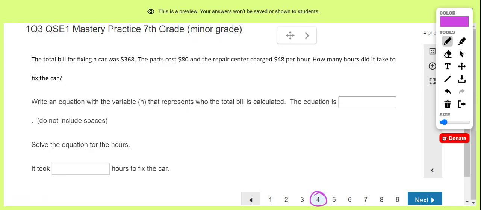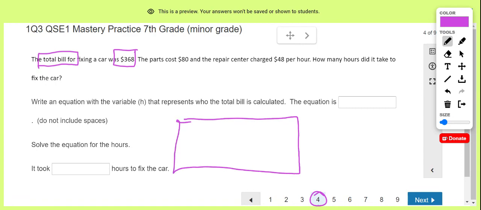Looking at question number 4 here, we have a total bill for fixing the car is $368. So the total bill is $368 total, and that's going to come from $80 and the repair charge of $48 per hour.